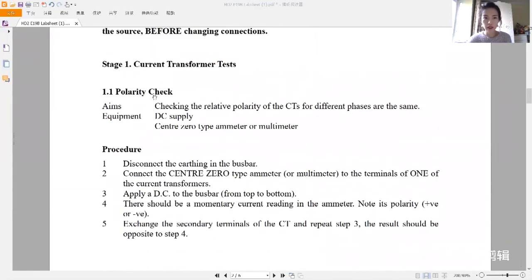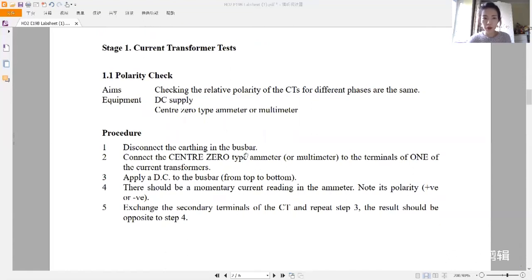The first one is to check the polarity. In the following video, you will see how to check polarity in the lab. The aim of this step is to check that the relative polarity of the CTs for different phases are the same. So firstly, we will review this procedure briefly.